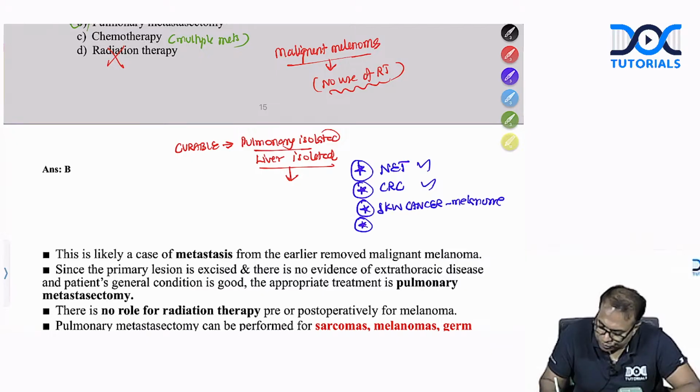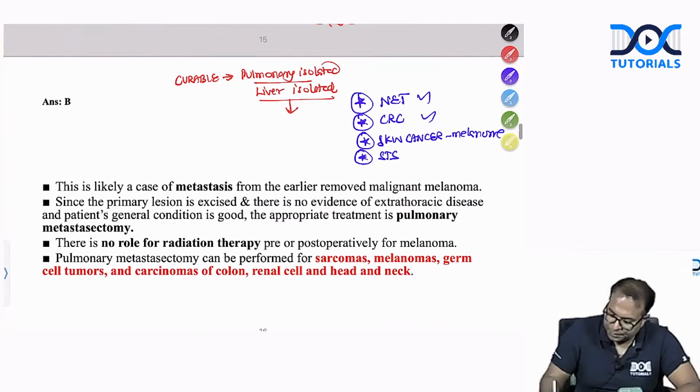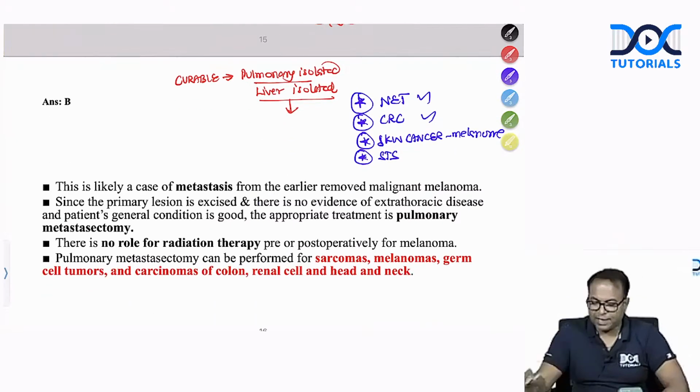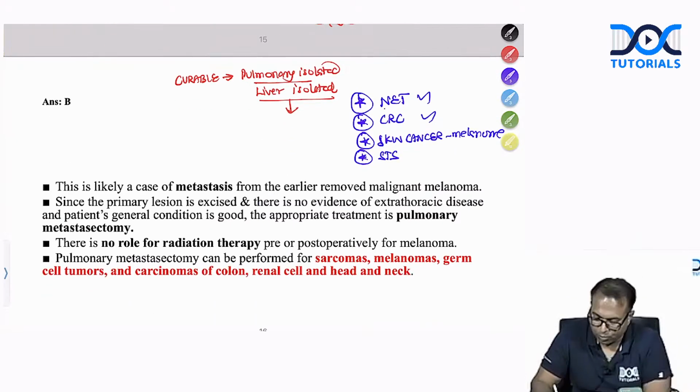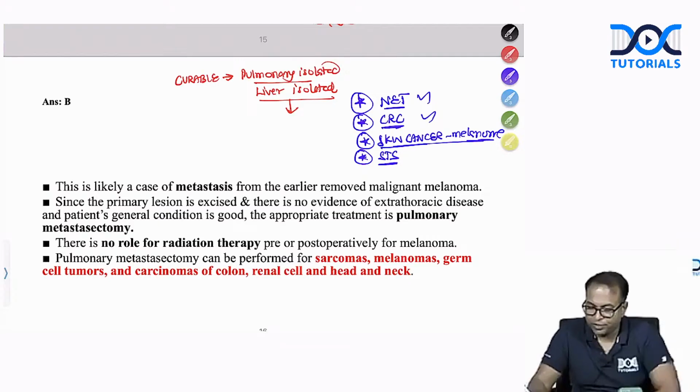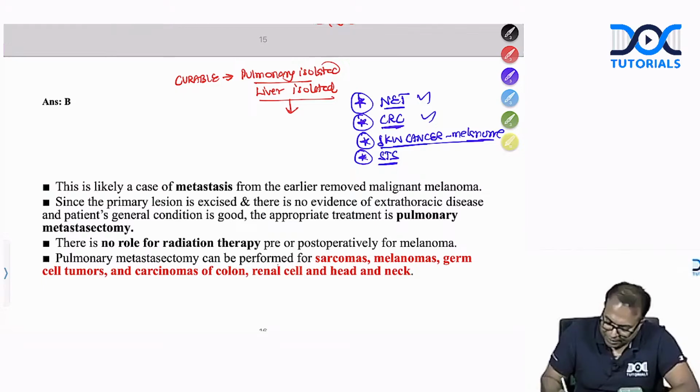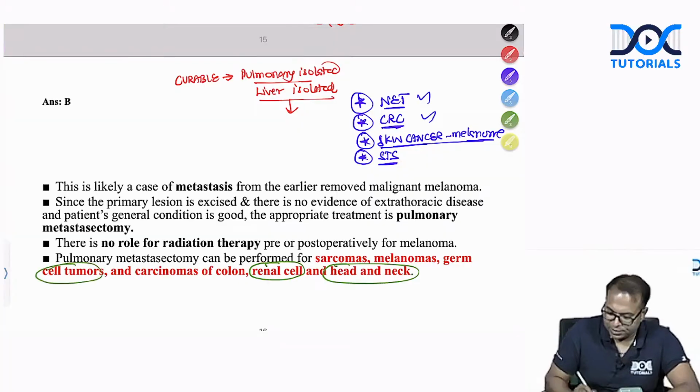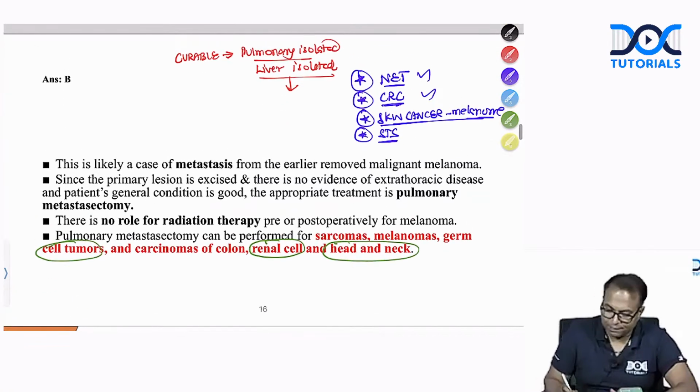Then soft tissue sarcoma. These are the tumors which are curable even with the mets. Please remember, neuroendocrine tumor, colorectal cancer, skin cancer with melanoma, and soft tissue sarcoma. And recently they added renal cell cancer and head and neck cancer and testicular germ cell tumors or ovarian germ cell tumors.